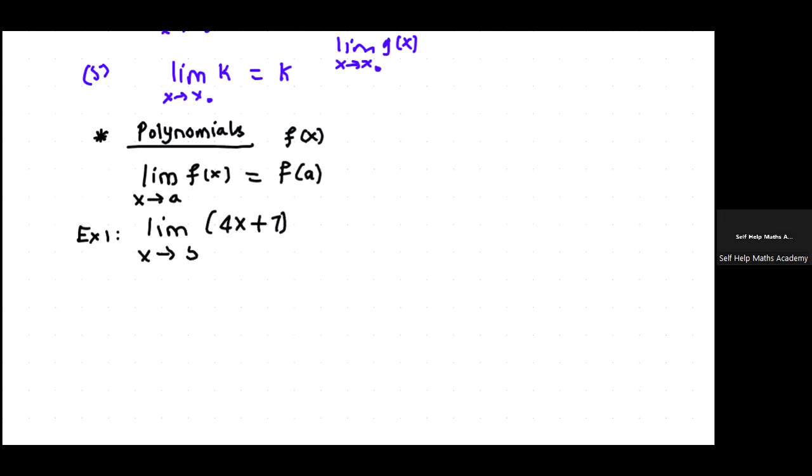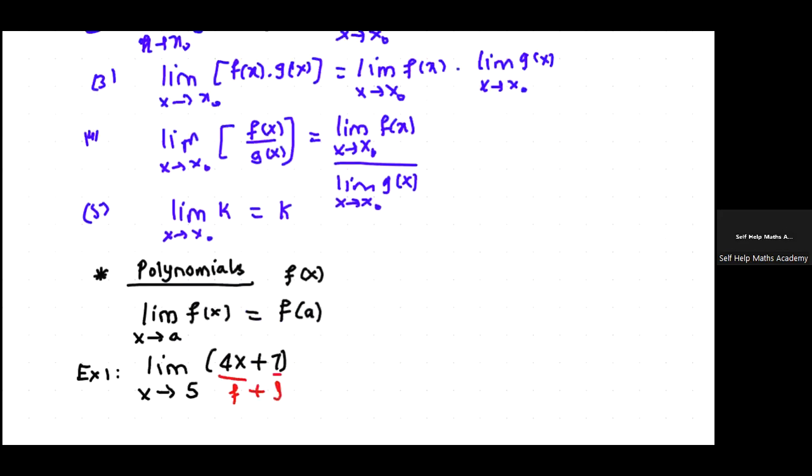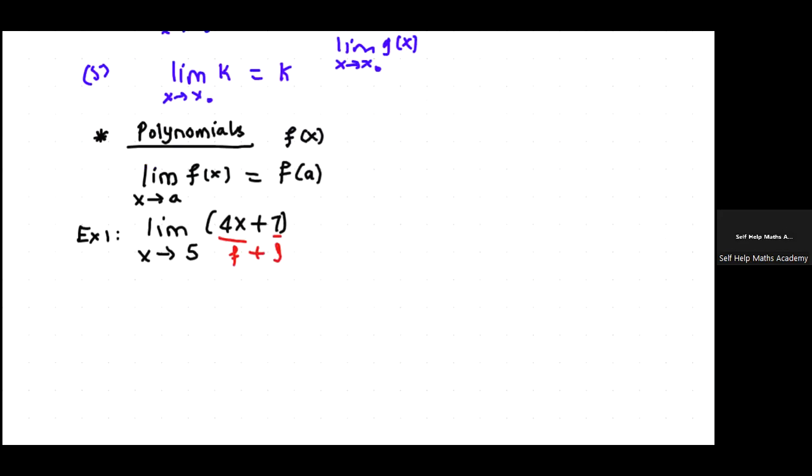So clearly you can see now this particular function, it is like f plus g. By using property number 1, first I'll write this one this way.